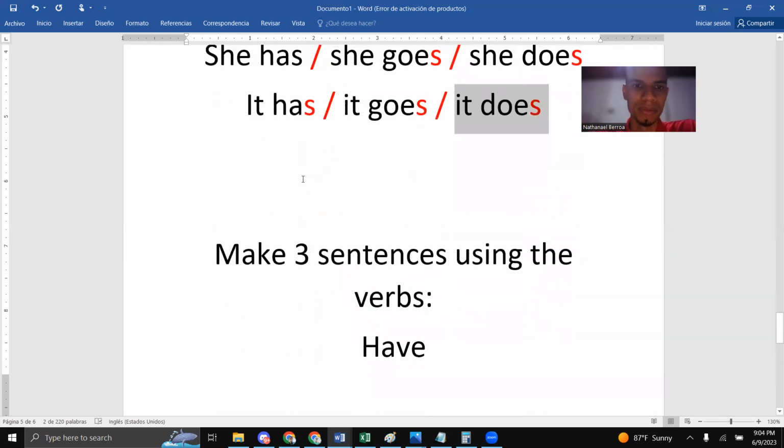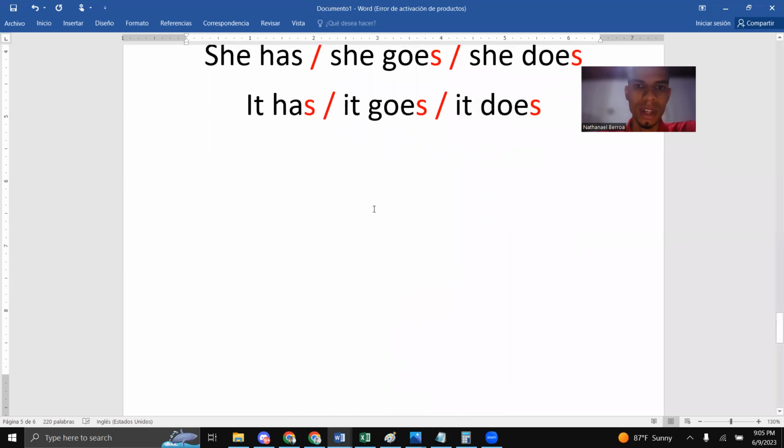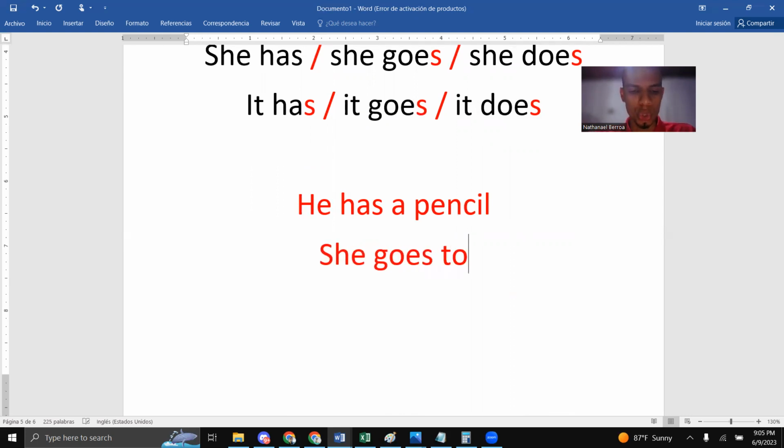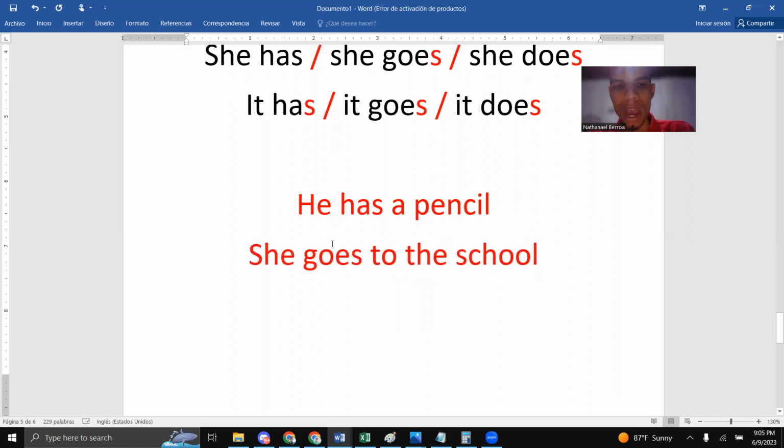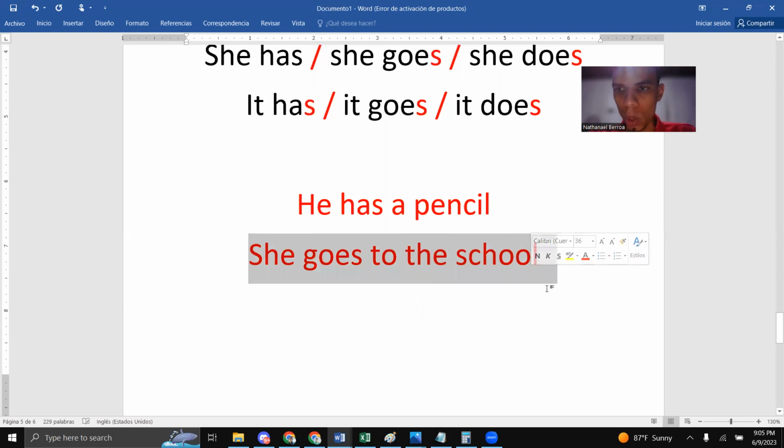For example, él tiene un lápiz. He has a pencil. Él tiene un lápiz. Aquí no sería have. Yes, has. Now, using the verb go. Usando el verbo go. She goes to school.